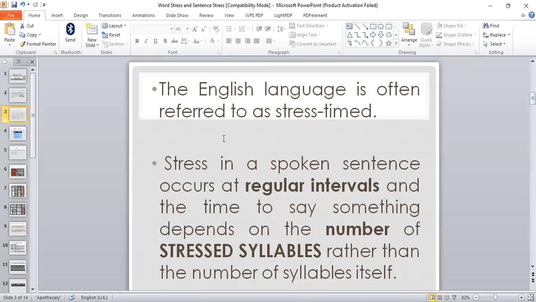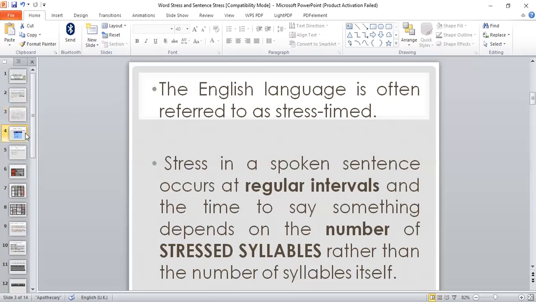Now, the number of syllables you have in that expression will not determine what that sentence says, but how you pronounce each word in that expression is determined by the number of stressed syllables. That is, the number of prominent syllables in the sentence.